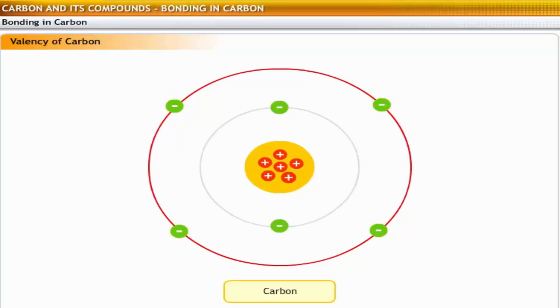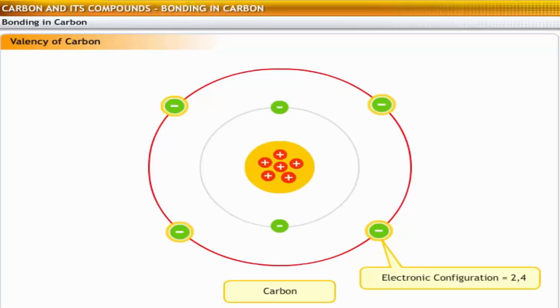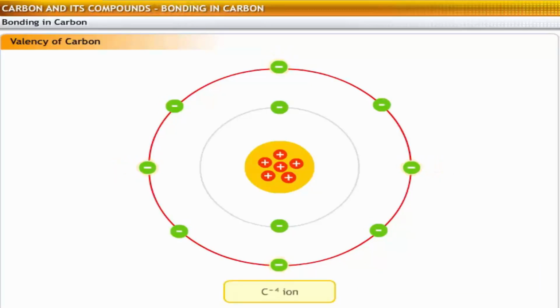When we look at the electronic configuration of carbon, it is clear that it has to either gain or lose 4 electrons to attain noble gas configuration. Suppose carbon gains 4 electrons, it would form a C-4 ion.